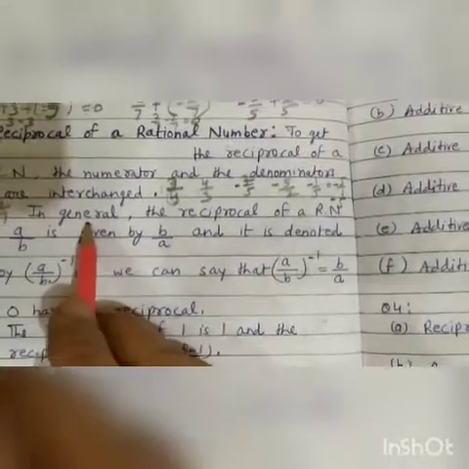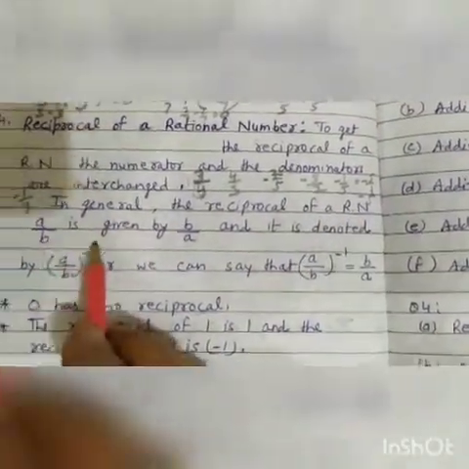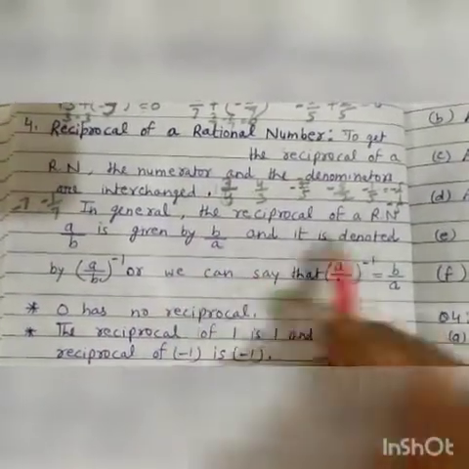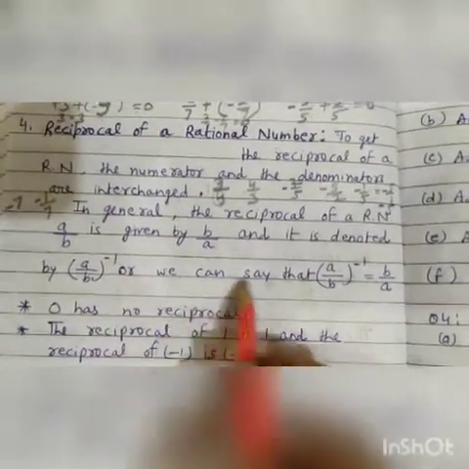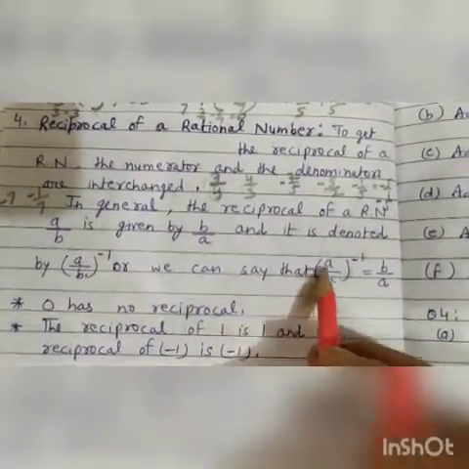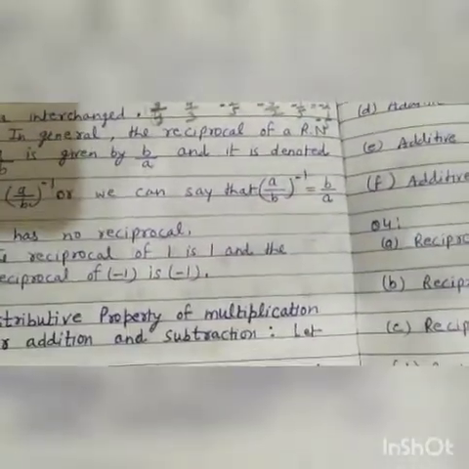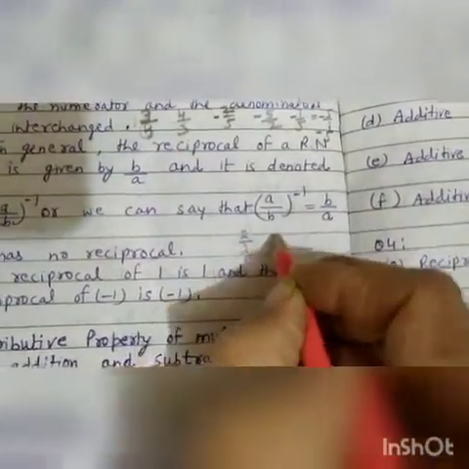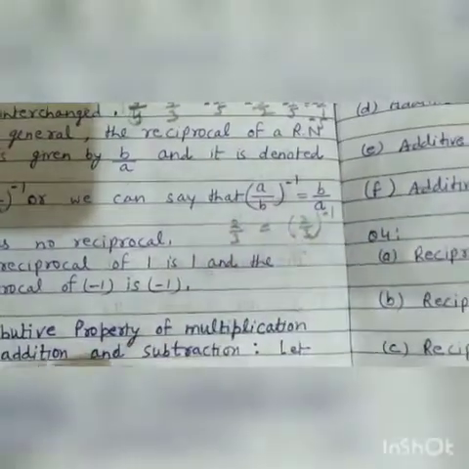So in general, the reciprocal of a rational number a upon b is given by b upon a, and it is denoted by a upon b whole power minus 1, which is equal to b upon a. If we want to write the reciprocal of 2 upon 3, we can also write 2 upon 3 power minus 1.